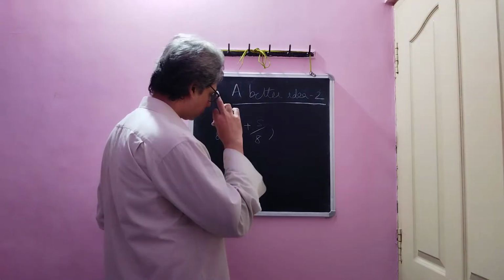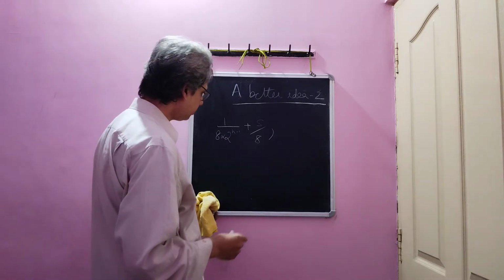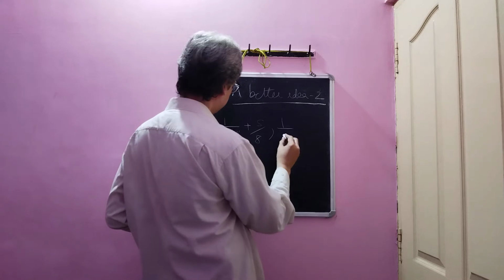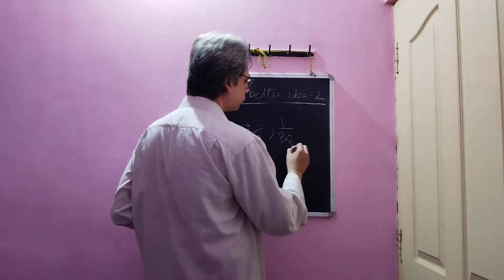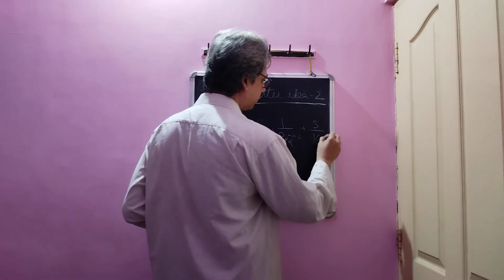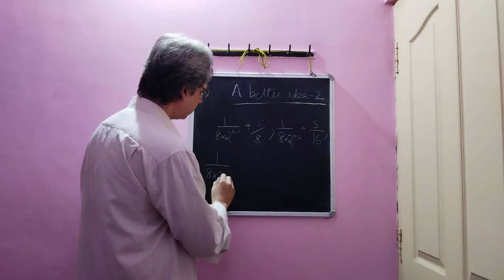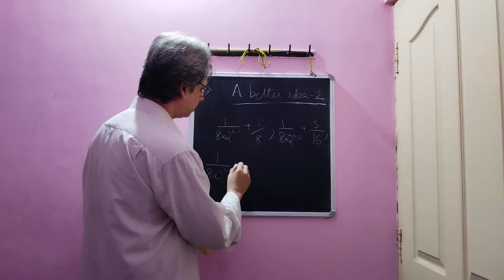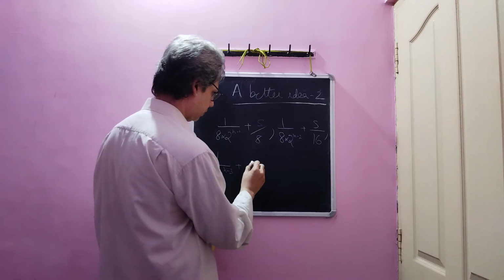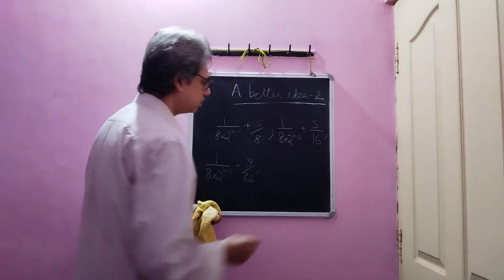So for the next one, the value should be s by 8 into 2 power n minus 2 plus s by 16 will be the ratio associated for the next. For the third one, it will be s by 8 into 2 power n minus 3 plus s by 32 and so on. So this is the sequence.